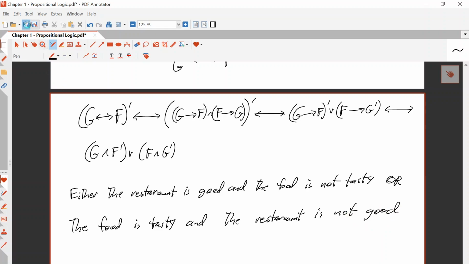So the negation of if and only if is actually the exclusive or. One is true and the other is false. Right? Either G is true and F is false, or F is true and G is false. That's the exclusive or.